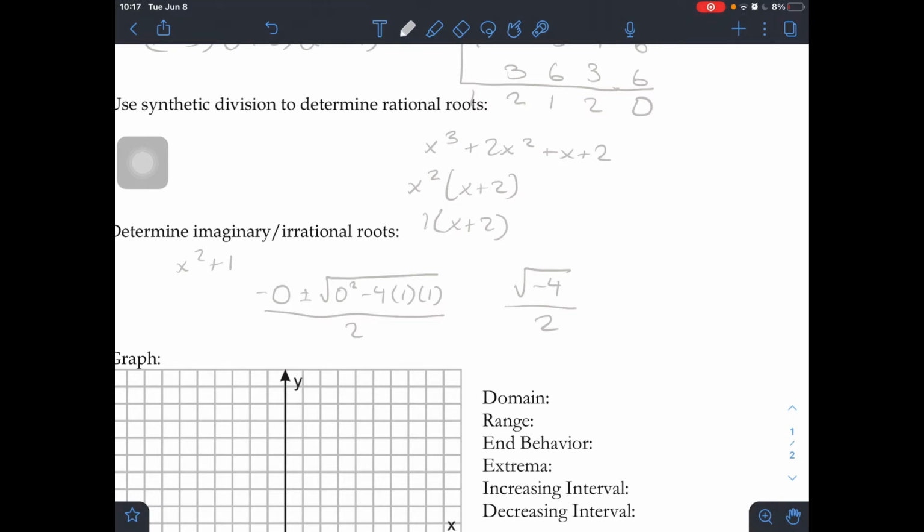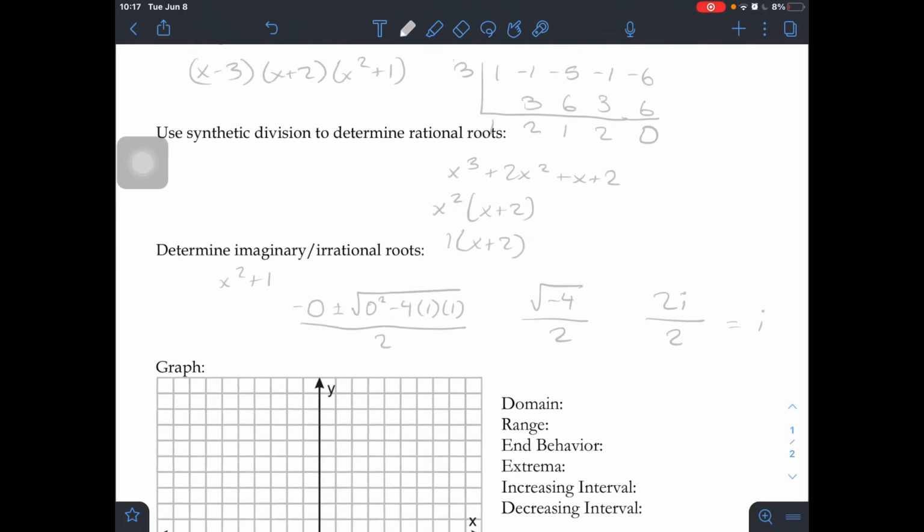So you would end up getting 2i, and since you have that over 2, it would just end up equaling i. So that means you could have plus or minus i for this one.